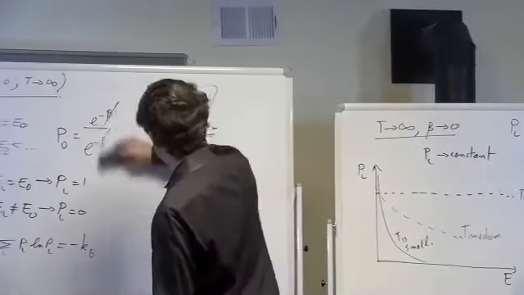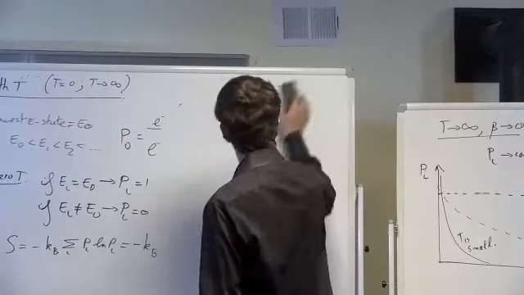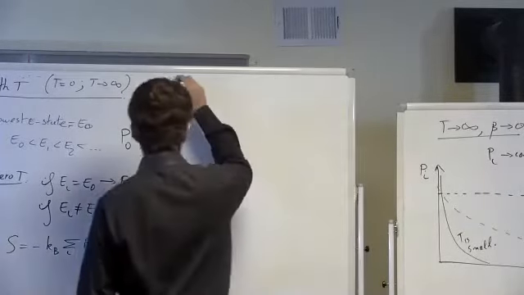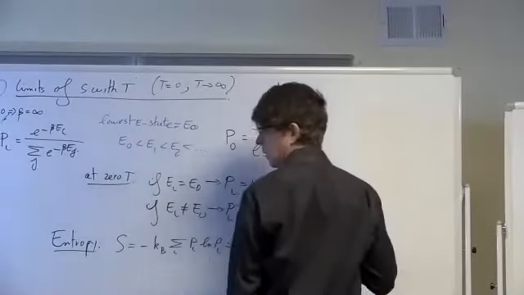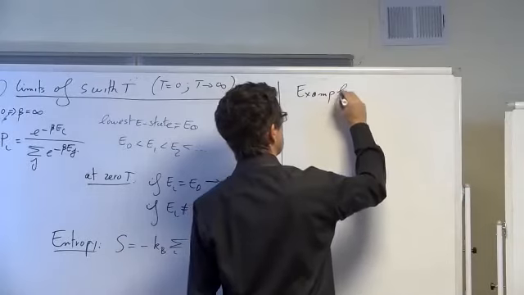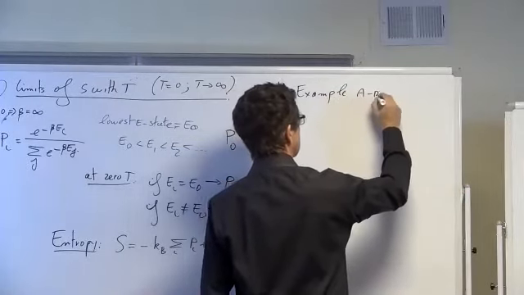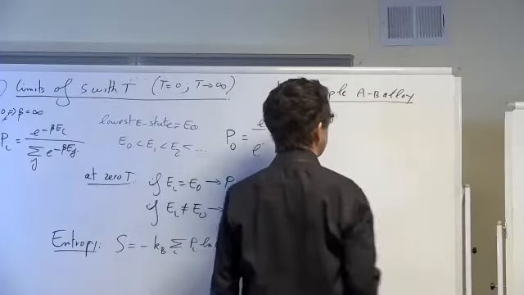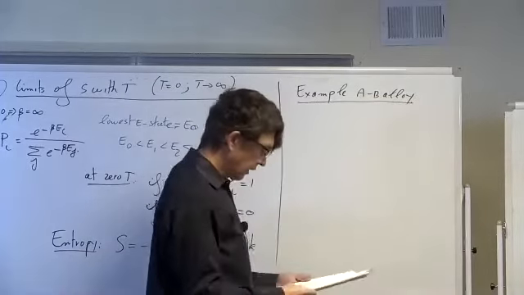So let's map that onto a material. Let me give you an example of an alloy, an AB alloy. Let's say it's an ordered compound.